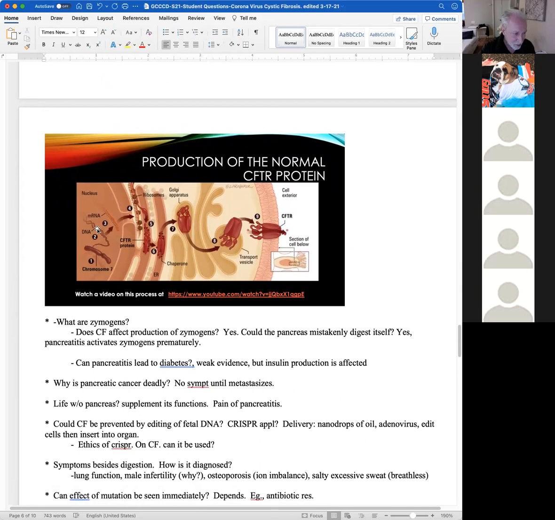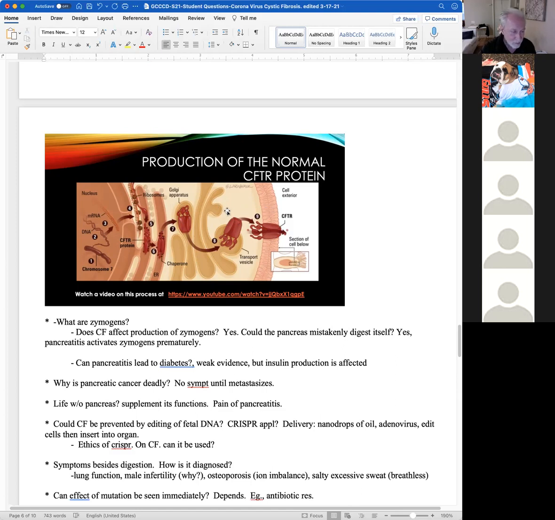That DNA is transcribed and translated into the CFTR protein in the ribosomes and gets processed there, is transported then to the Golgi apparatus, where it is decorated with long polymers of sugars, which are necessary for it to go further. It gets transported through a number of vesicles and finally ends up embedded in the plasma membrane.